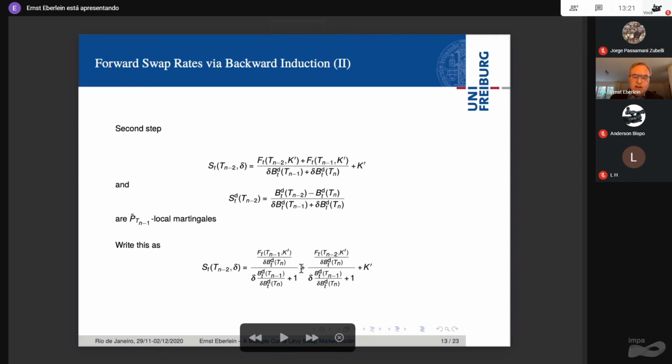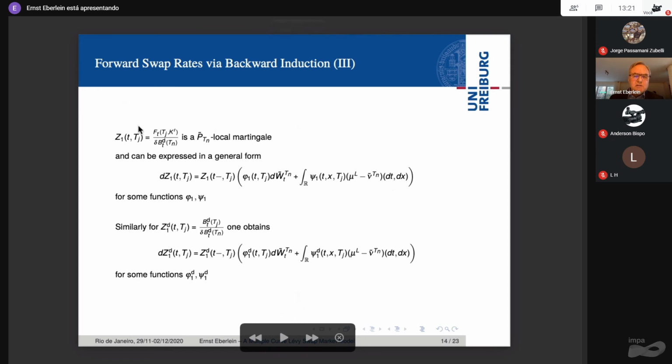We can already divide here by the numeraire for the Tn swap measure, and you see what we get under Tn is a quantity which consists of martingales.